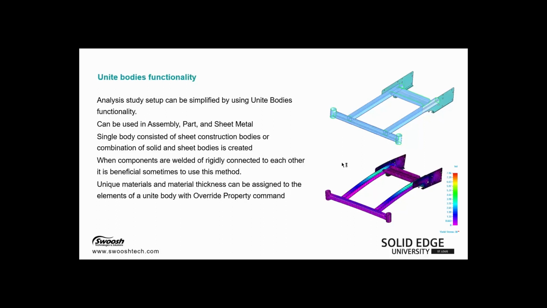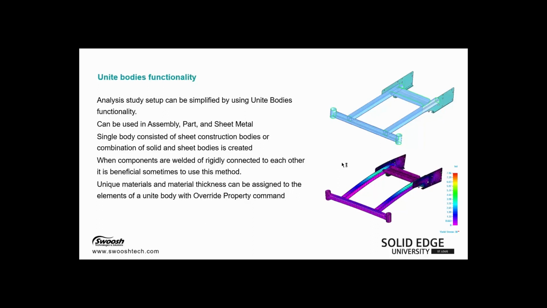So what happens, it creates a single body that consists of sheet metal construction bodies or a combination of solids and sheet bodies. So it's usually applicable when components are welded together or somehow rigidly connected, and it makes sense to use this.